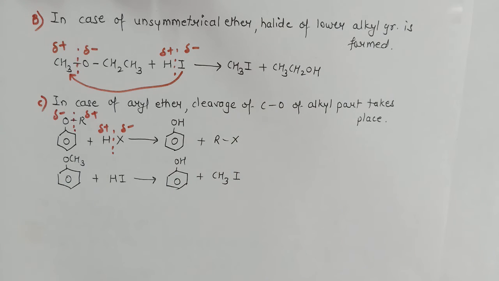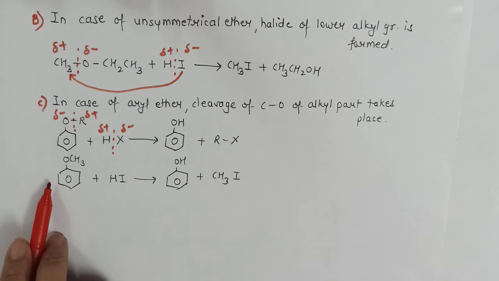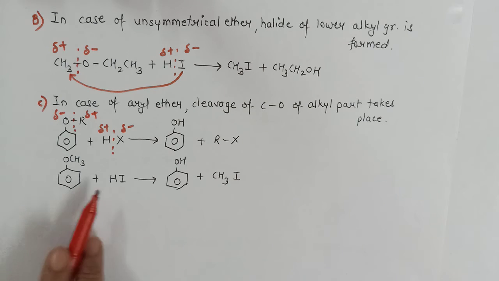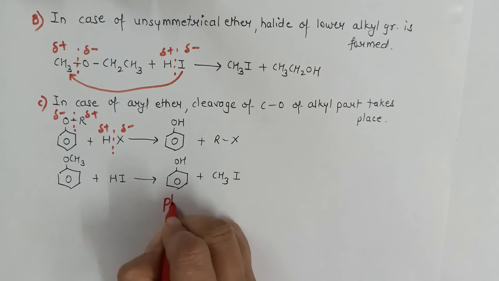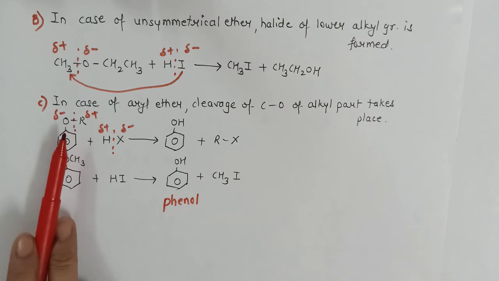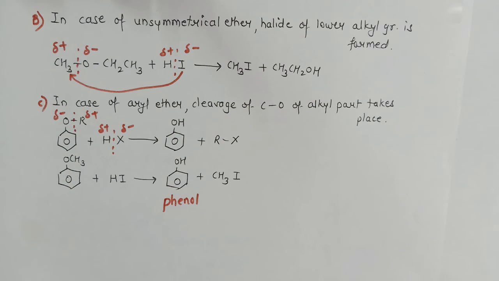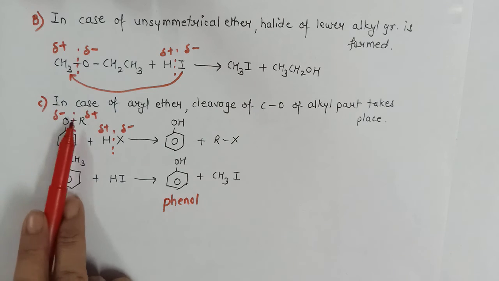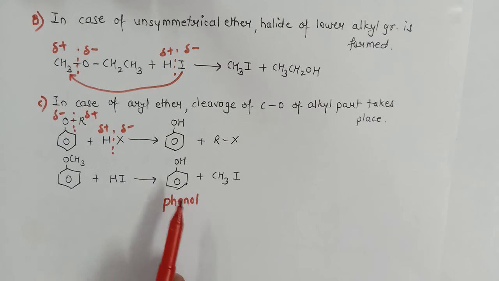So this condition you have to remember: whenever we are carrying out the reaction of aryl ether with hydrogen halide, phenol is always the product, because the cleavage of this O-carbon bond which is attached to benzene will be difficult as it is attached to an sp2 hybridized carbon atom. Cleavage of this bond will always take place, resulting in the formation of phenol.